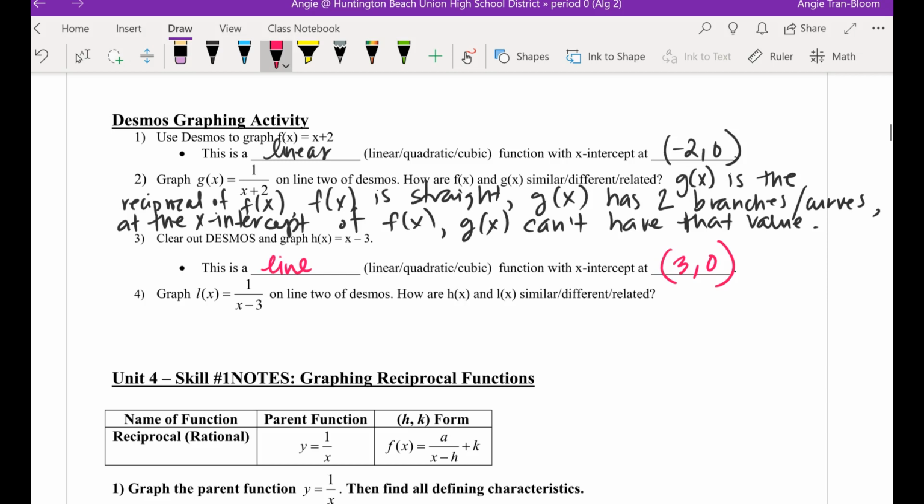Definitely L of x can't have an x value at where? At x equals 3, wherever the x-intercept was, right? And then everything else should be the same as the first one. Okay. All right. Any questions so far?